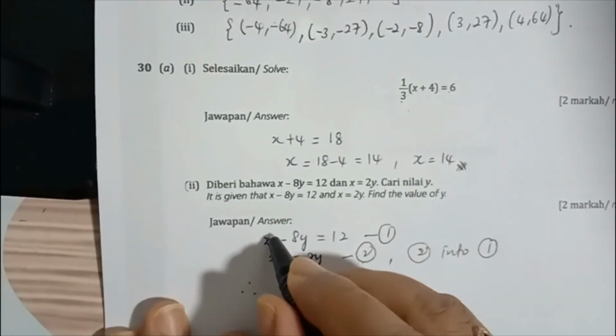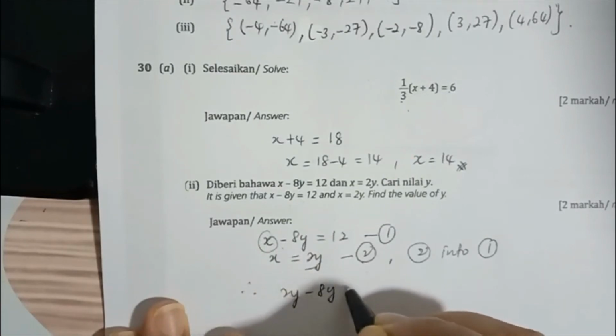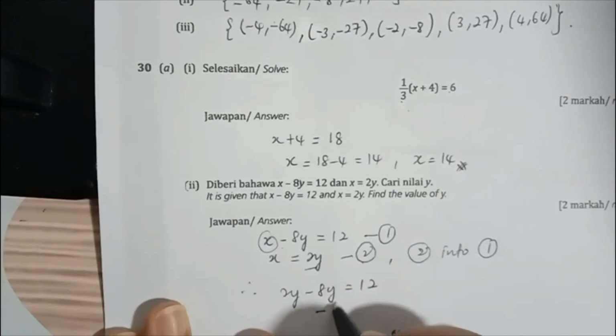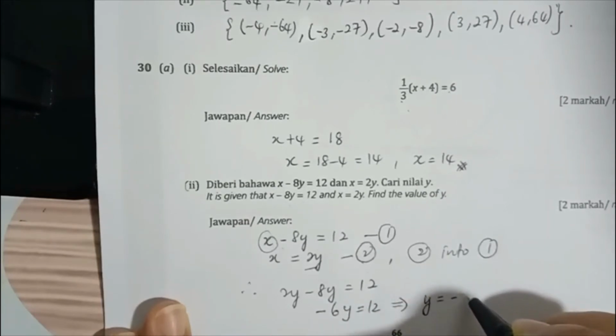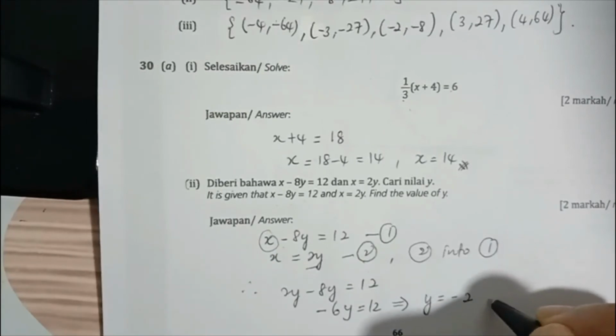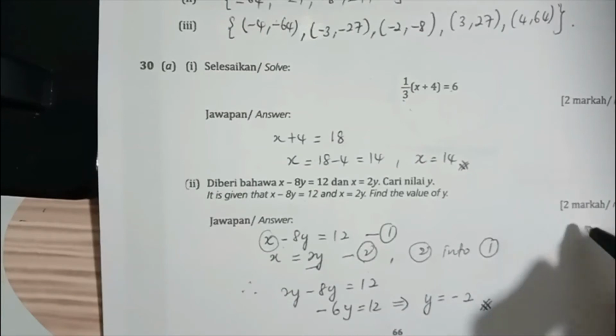Meaning x here, substitute with 2y. So we get 2y minus 8y equals to 12. So here we get negative 6y is 12. Thus we get y equals to negative 2. Find the value of y only. So 2 marks.